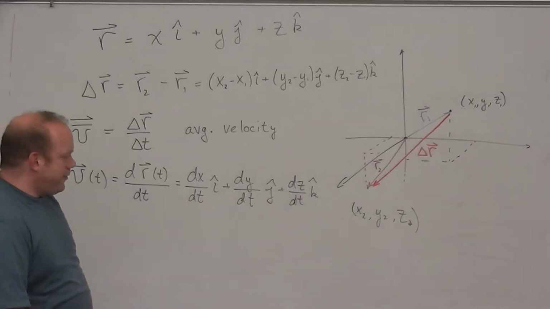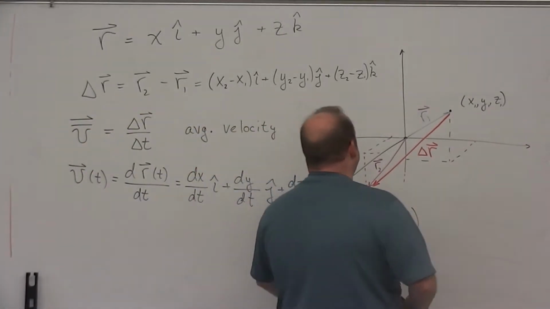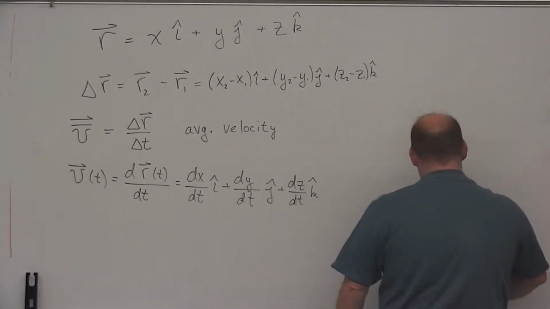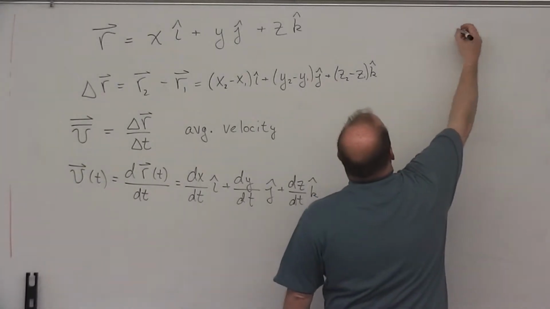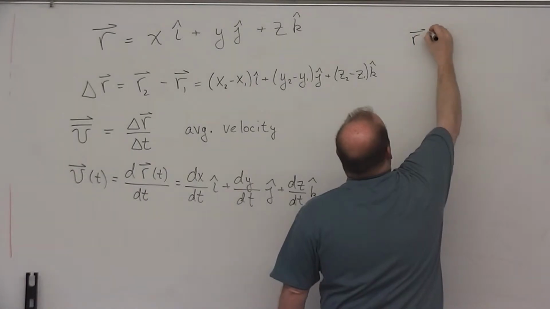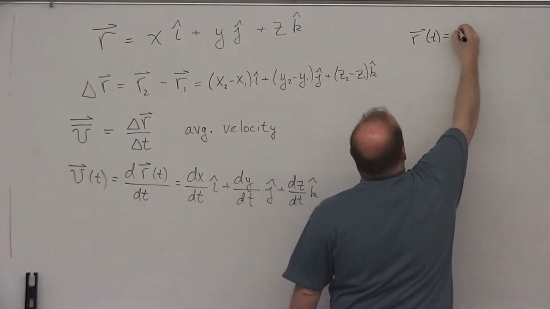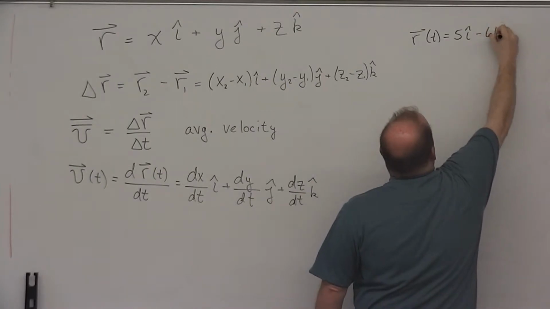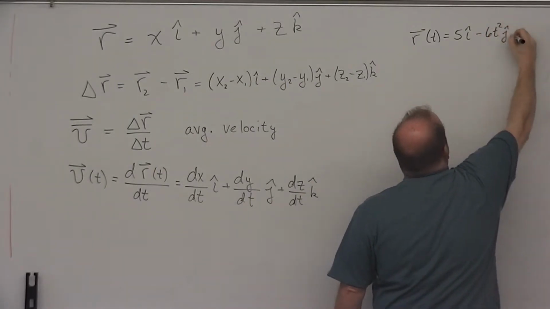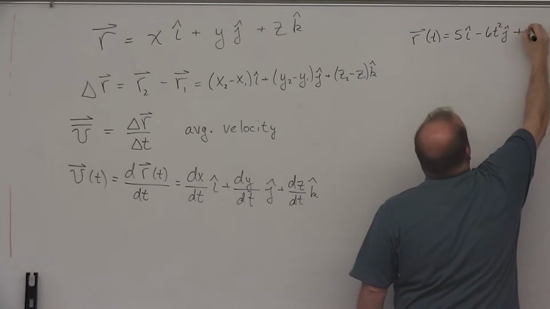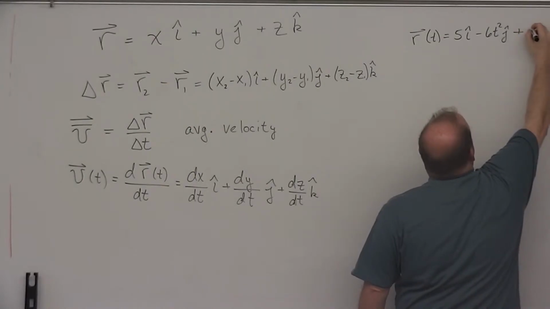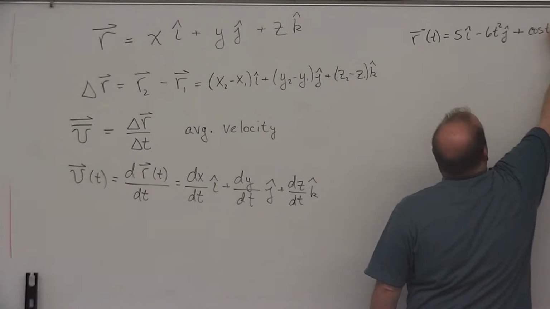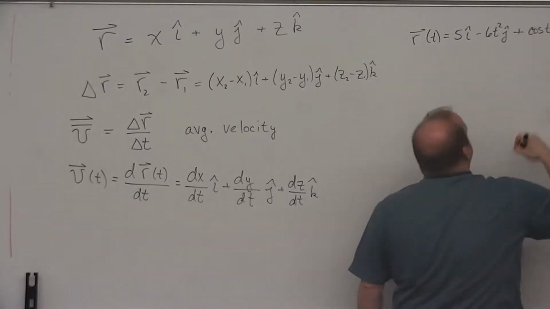All right? So let's take a look at a quick sample example. Let's just say r of t is equal to 5 i hat minus 6t squared j hat plus cosine of t k hat.